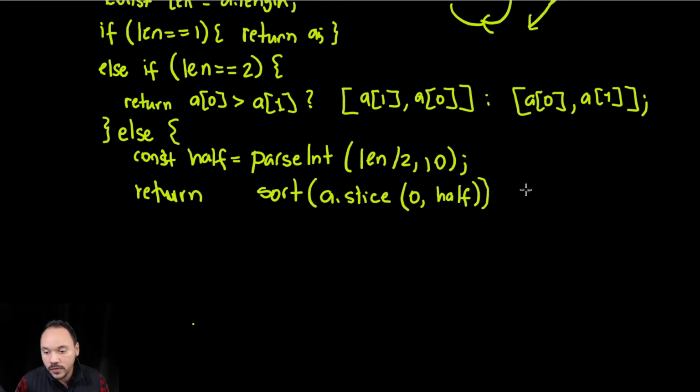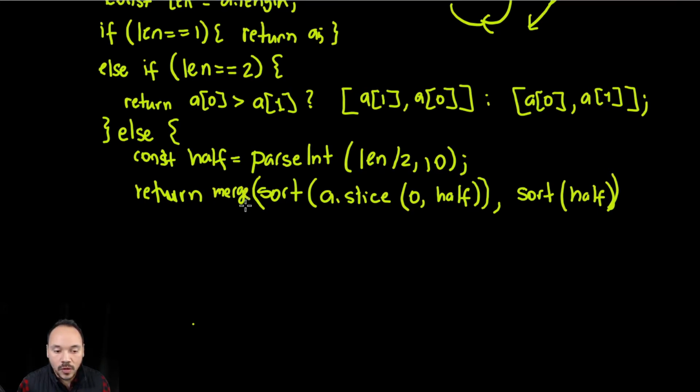And the second division will be sort from half, including the half part, until the end. So we can just leave it like that. What we're going to do with these two parts is merge them. We are going to have a new function called merge. It's going to merge both sorted parts.